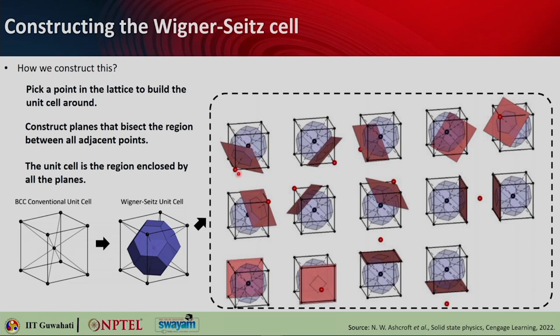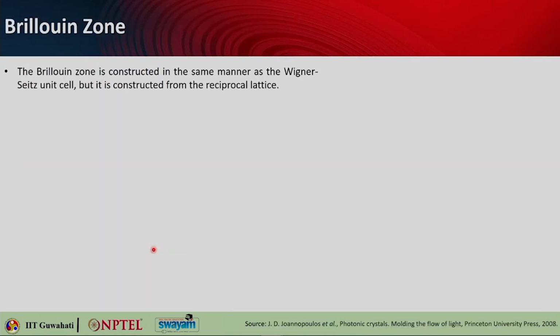So from the center point to this point, you first take the connecting line, and midway you draw a plane. So you basically get this kind of a section here. Then you have this plane, this plane. When all these planes add up, they will give you this particular shape. Okay.